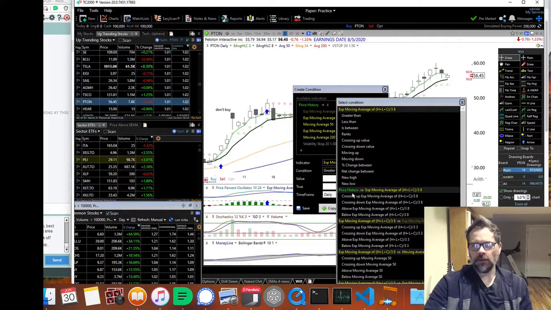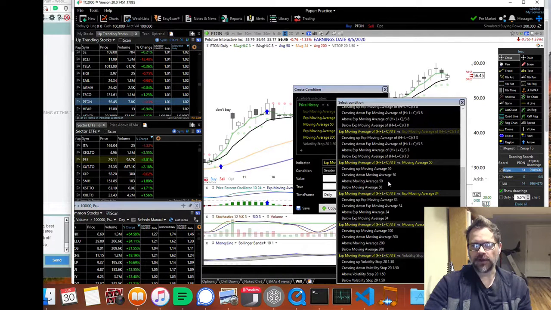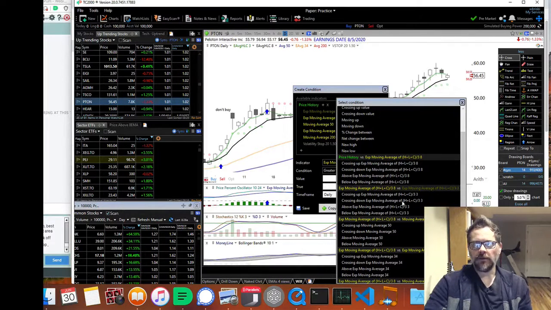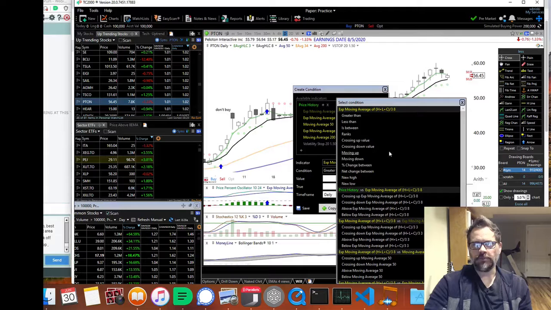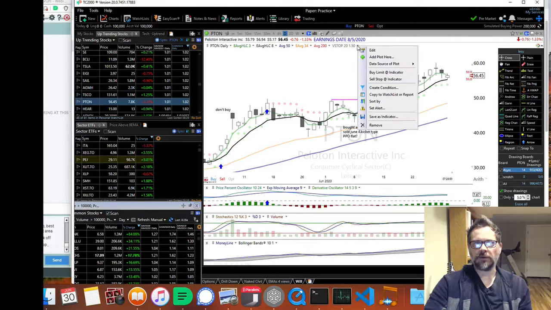I could say when the price crosses up over the 8 EMA, or all sorts of different moving averages here, and the volatility stops. Anything that you have on here becomes an item that you can compare or decide on. I could say when the 8 crosses the 50, or when the price goes above the 8, or a million different scenarios. For each of these there's a drop down.